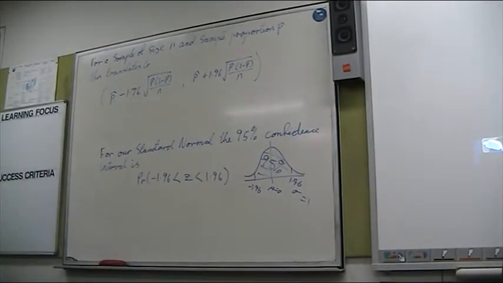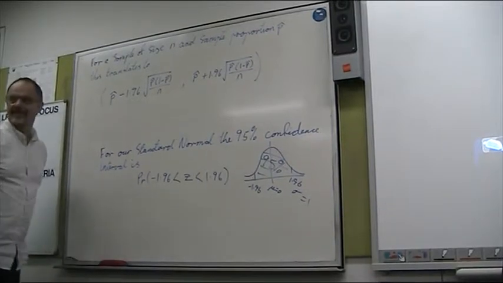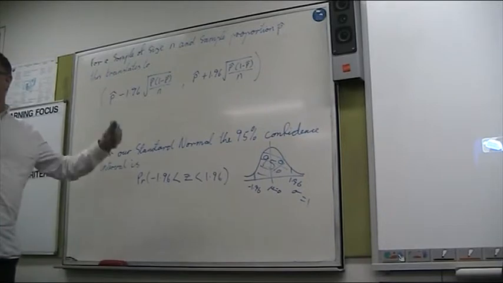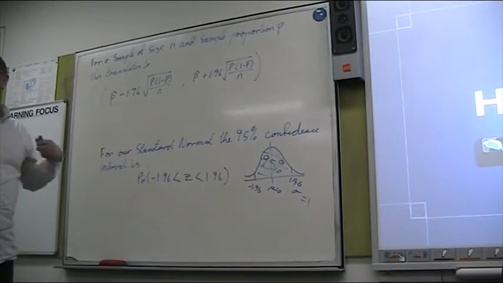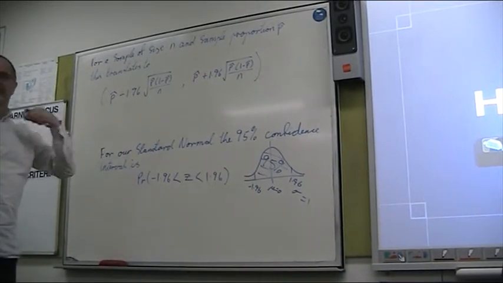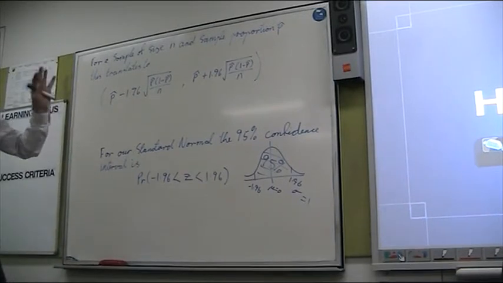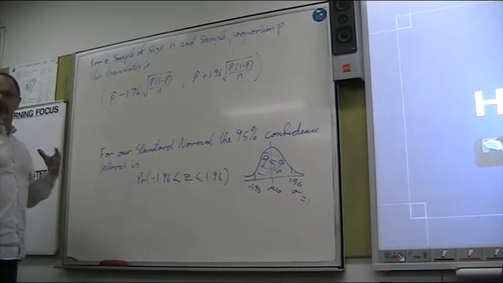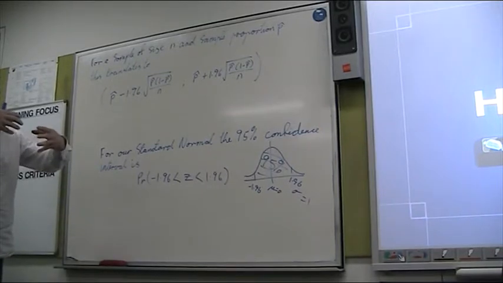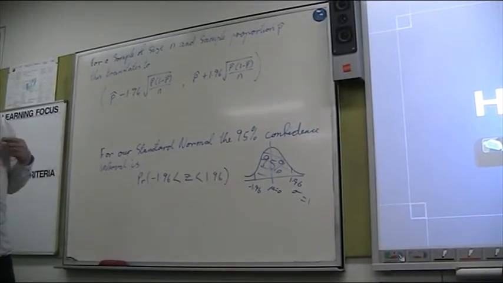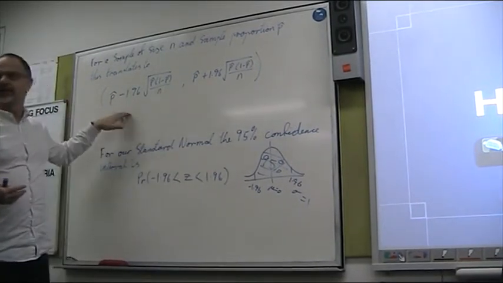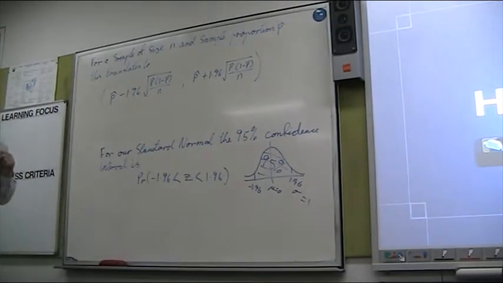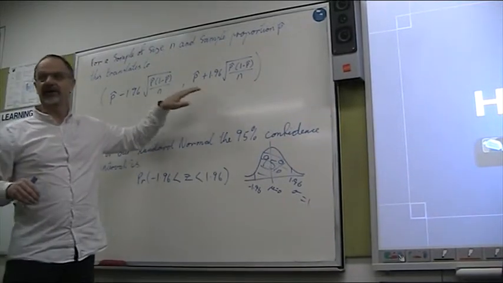Alright, let's do an example. So we have 95% confidence that when I go out and take my sample of however big, looking at how many are left-handers, for example, and I get my proportion from that sample, the actual population proportion will lie between these two values.